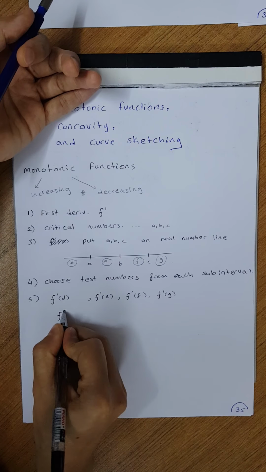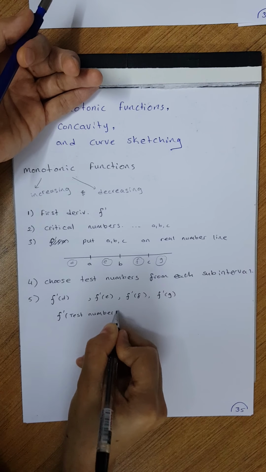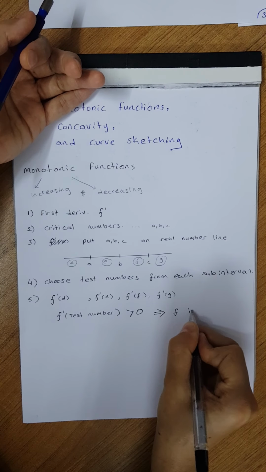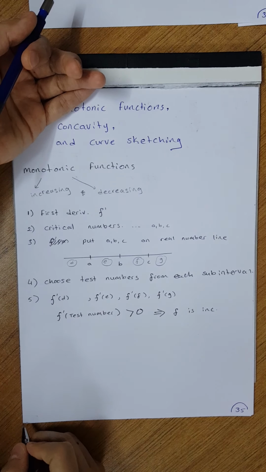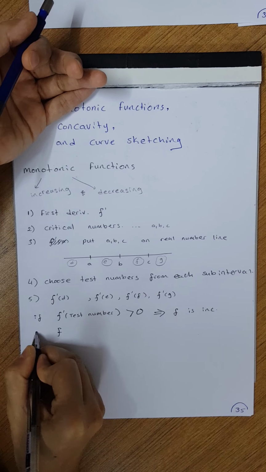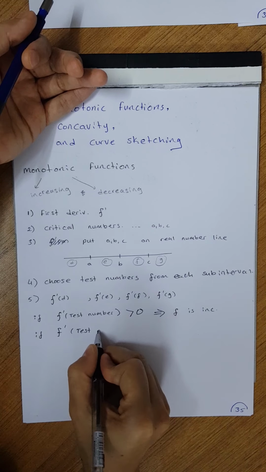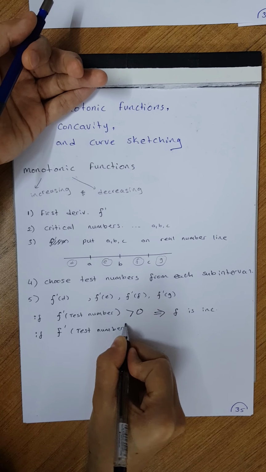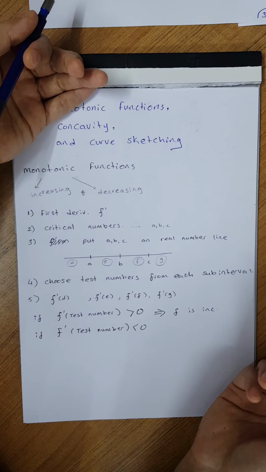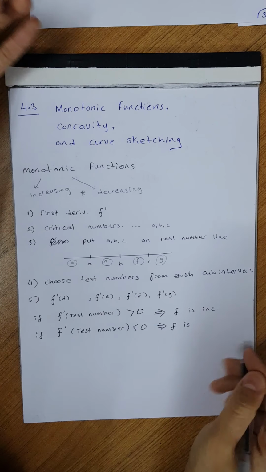If f prime of the test number is greater than 0, we say that f is increasing on that interval. And if f prime of the test number is less than 0, of course it will not equal 0, because if it equals 0 it is a critical number, then f is decreasing.